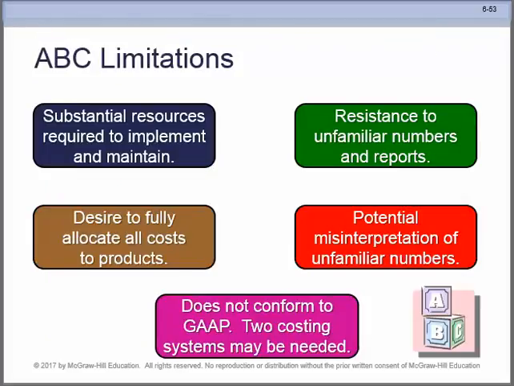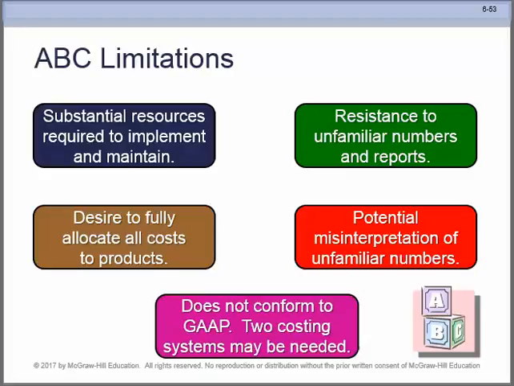And then finally, some limitations with ABC, because everything has a limitation somewhere. It requires substantial resources to implement and maintain. If nothing else, it requires a lot of labor hours for your accountant to sit down and develop, talk with all the stakeholders, etc., and then maintain it. There's also internal resistance to unfamiliar numbers and reports.